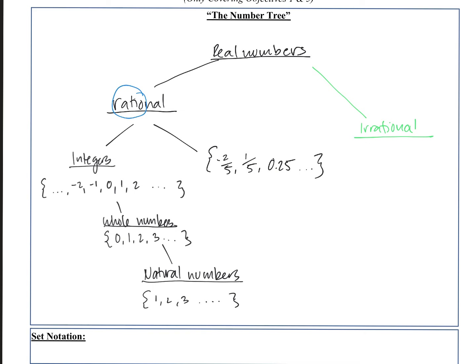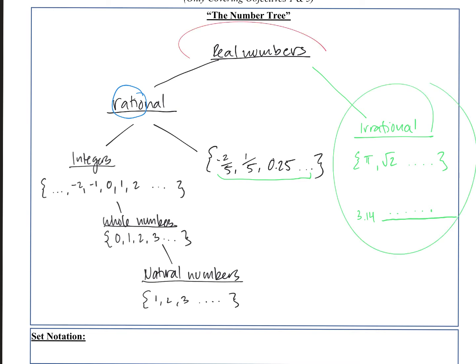For example, one of the most popular ones everybody knows is pi, right? We know of it as 3.14, but that's just an approximation. It is a never-ending, non-repeating decimal that goes on and on. That would be an irrational number. Another one would be the square root of 2, and so on. So all the numbers that cannot be written as a fraction or a ratio of two numbers fall into the irrational category. And there we have the family of real numbers that we use for math.